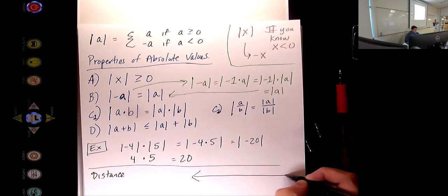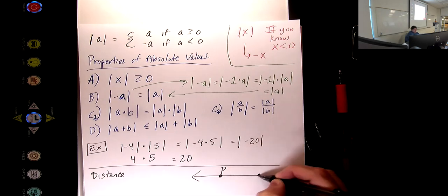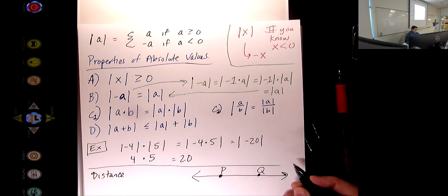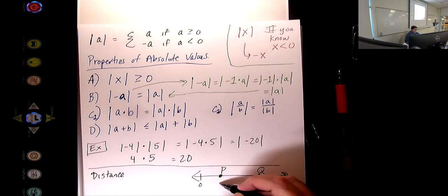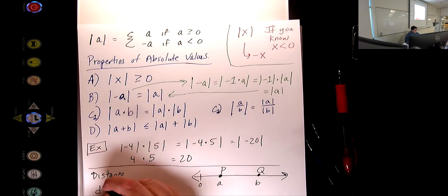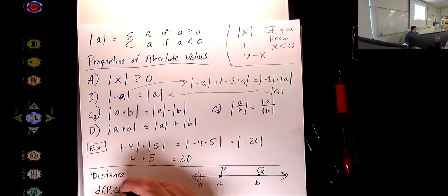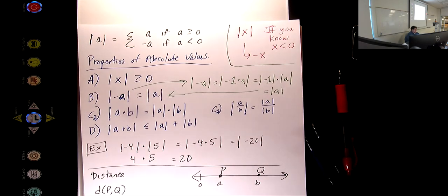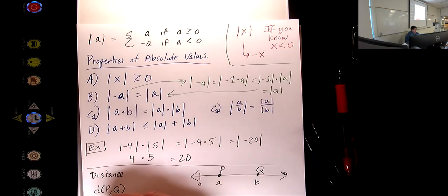Let's call this point P and point Q. And let's say 0 is over here, so this has a value of A, and this has a value of B. The distance from P to Q, you will sometimes see as D of P comma Q. You might also see it as PQ with a bar over it, which means the line segment.